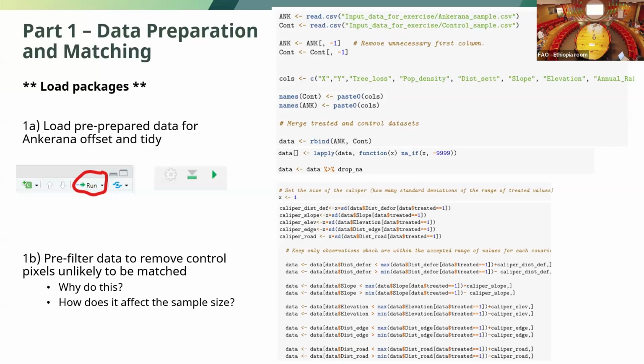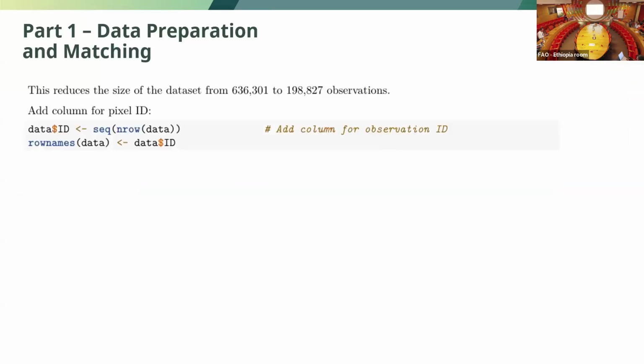Before I did this, I was really struggling with the matching. The balance was rubbish, it just wasn't working. After I did this, it reduces the spread of the data, and by doing so, it makes the calipers that you use in the matching much more restrictive. So it's good in that respect. And doing that reduces the size of the control data from 600,000 observations to just 200,000.